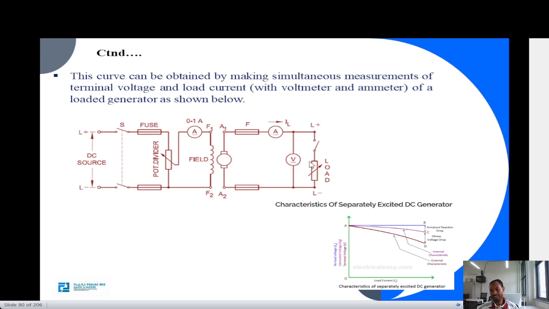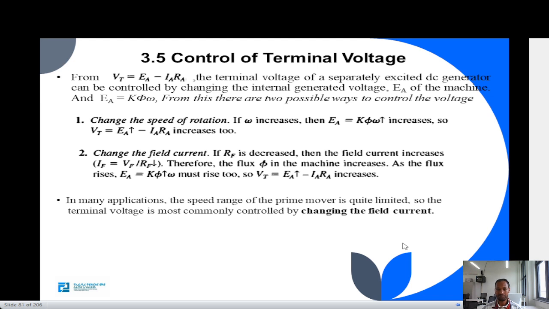This V versus I gives you the external characteristics of our DC generator. That's it about the characteristic curve or the behavior of our generator with different loading conditions.